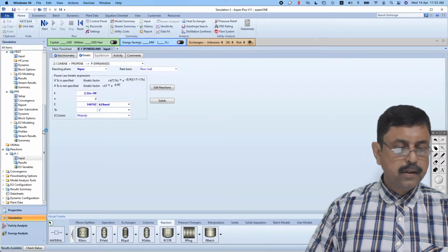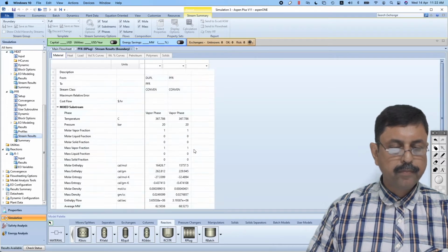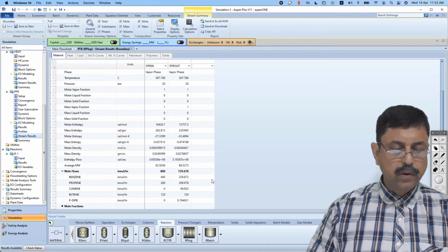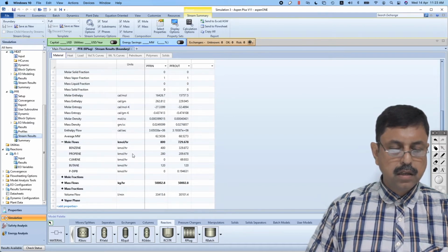Okay, so just go to the PFR result. So we have got a molar flow rate, 69.933 kilomole of cumene has been produced, and this much of unreacted benzene and propene are there.